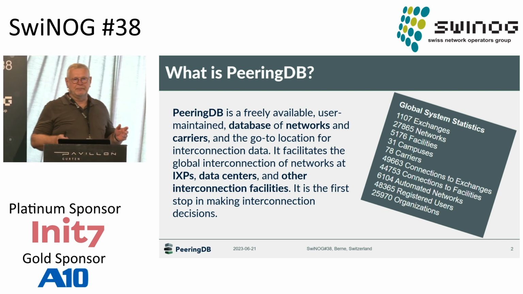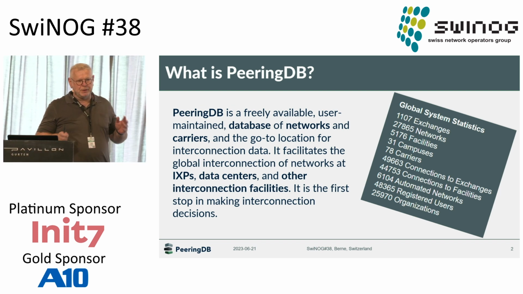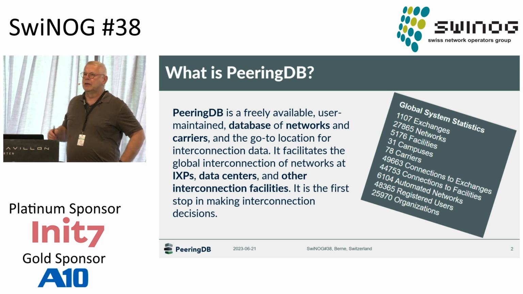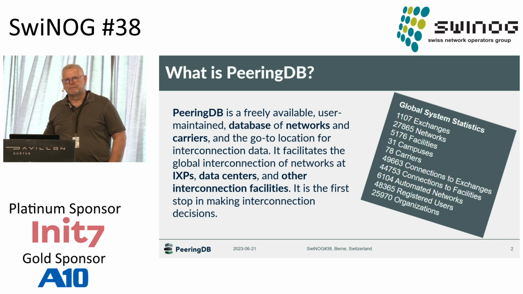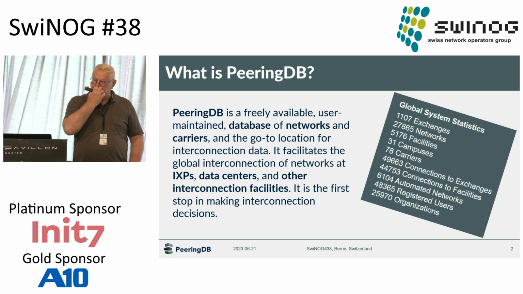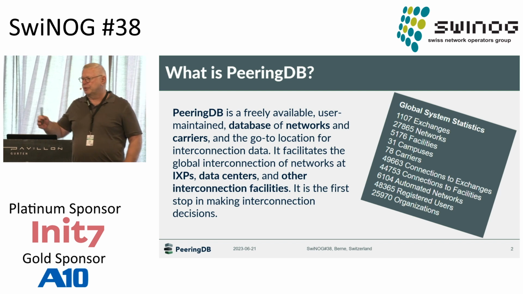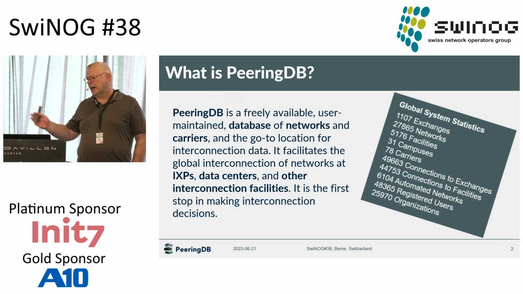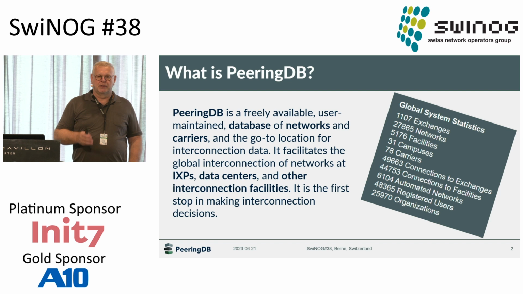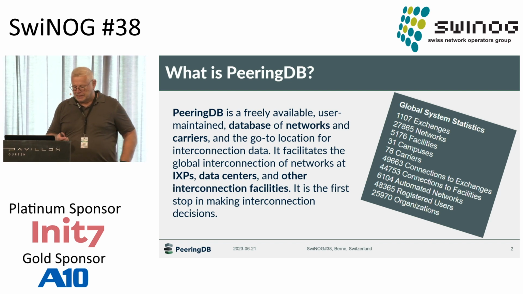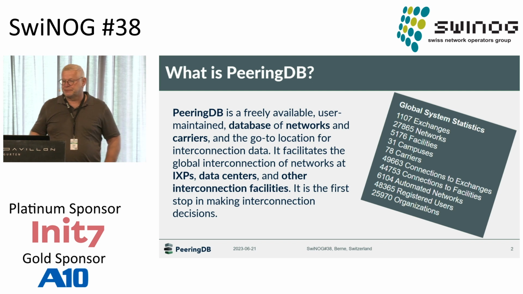This information is in PeeringDB: networks, ASN, facilities, IXPs. And what we recently added is also a new object, a carrier object. This is put into a database with a nice graphical user interface, but also an API, and that is basically what PeeringDB is.